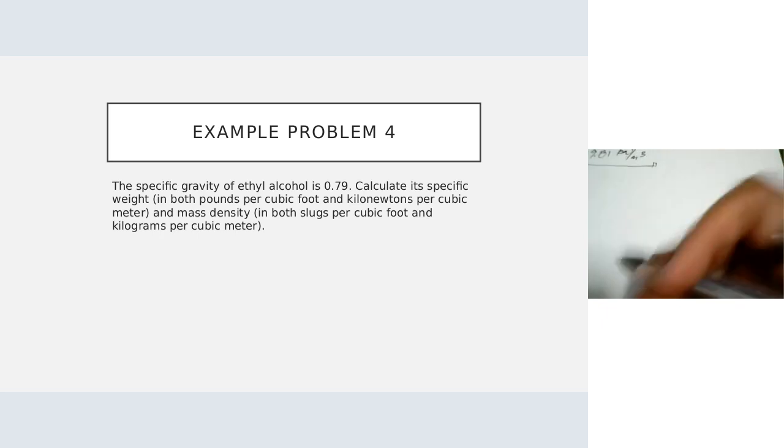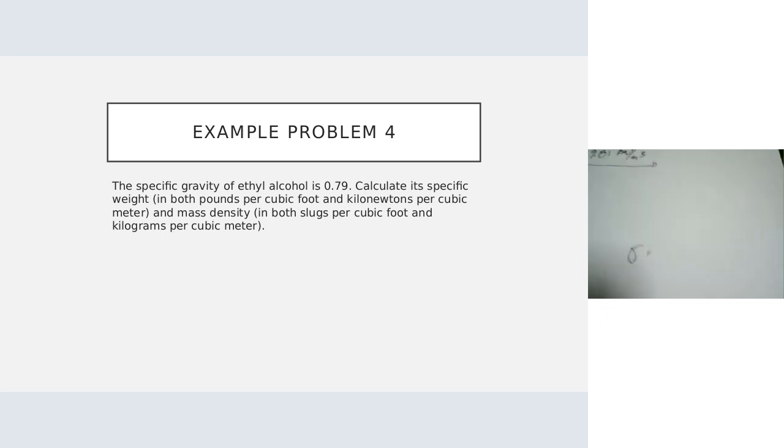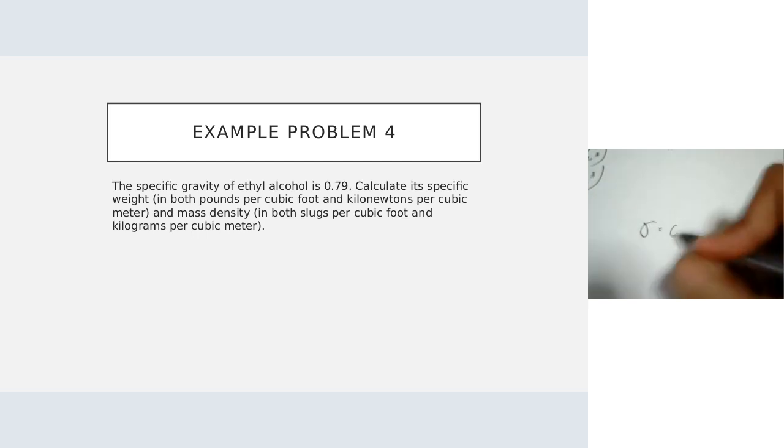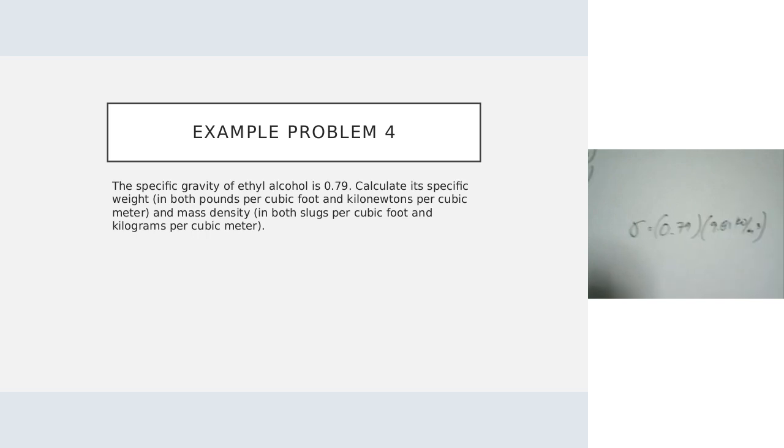What about the unit weight of ethyl alcohol in kilonewton per meter cube? So, again, we'll use this derived formula. No? So, we have 0.79 times the unit weight of water in SI. So, that is 9.81 kilonewton per meter cube.